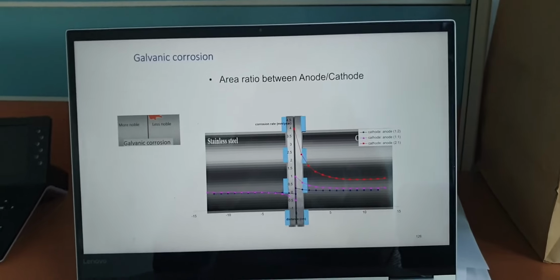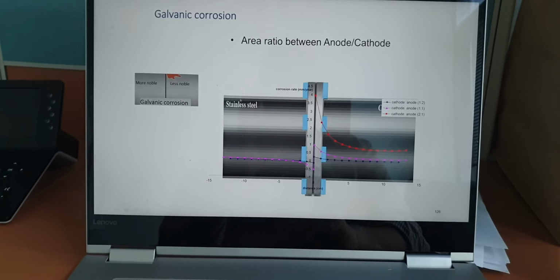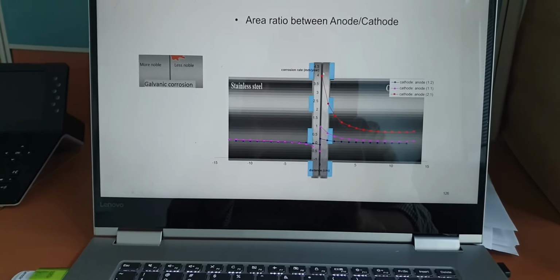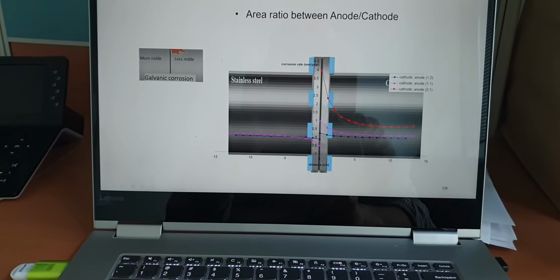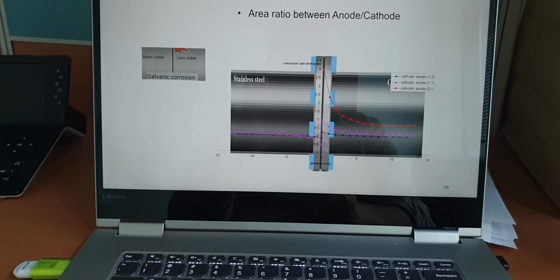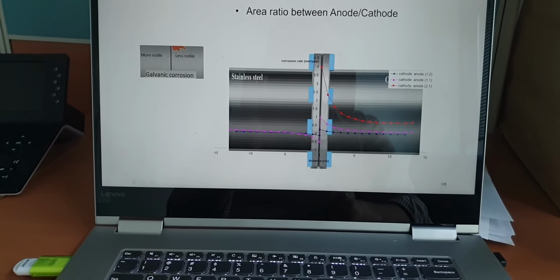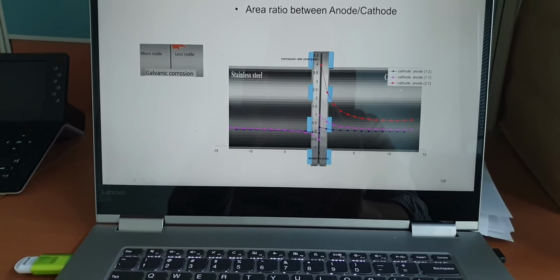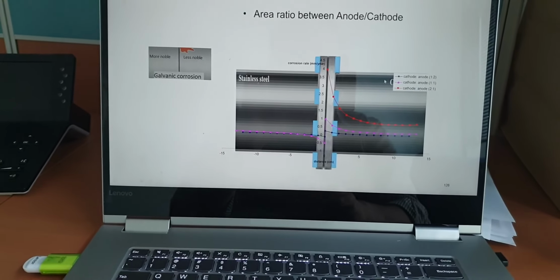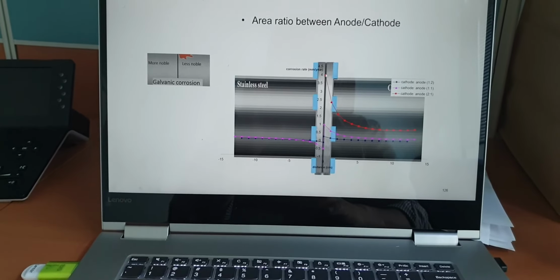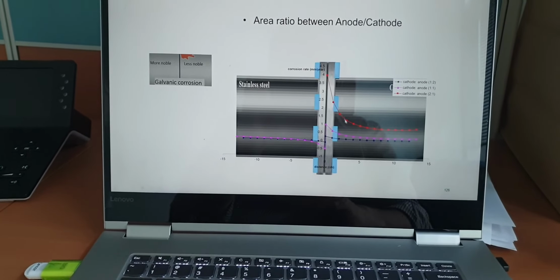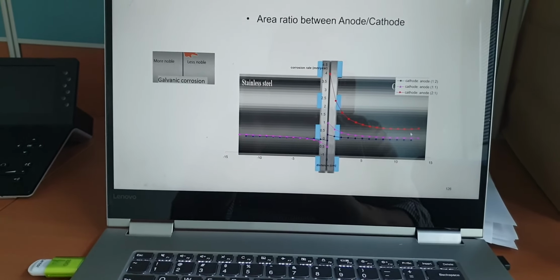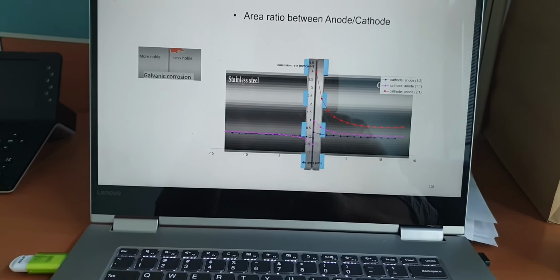In the example of galvanic corrosion, when we put together 2 materials, when the cathode is larger than the anode, so the area to protect, which is the cathode, is larger than the area to corrode, then this is very fast. The corrosion rate is very, very fast and very accelerated.